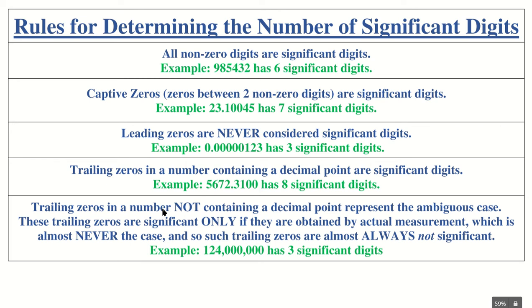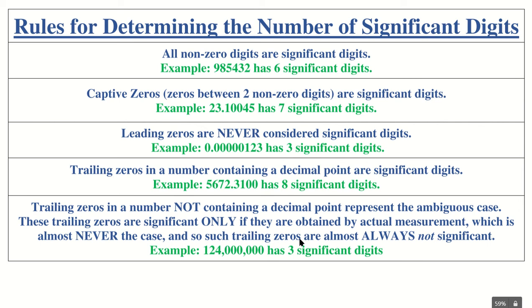Trailing zeros in a number not containing a decimal point represent an ambiguous case. Notice this one does not have a decimal point. This is a whole number. Such zeros are significant only if they're obtained through actual measurement, which is almost never the case in this kind of scenario.